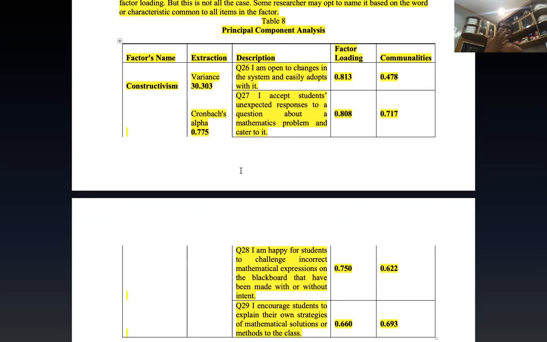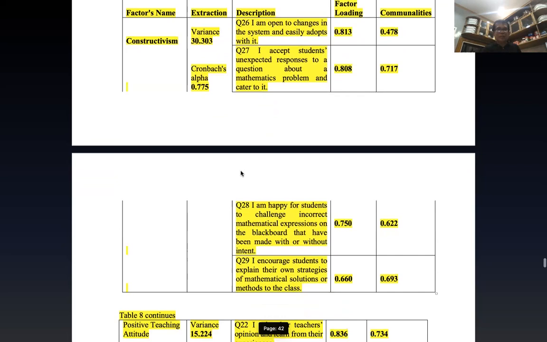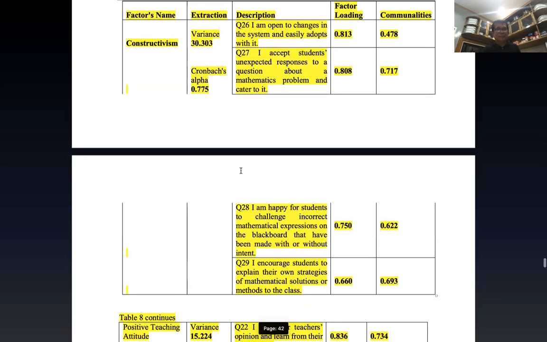So how did my advisee come up with constructivism? Of course, he did intensive research on how to call Q26, Q27, Q28, then Q29.